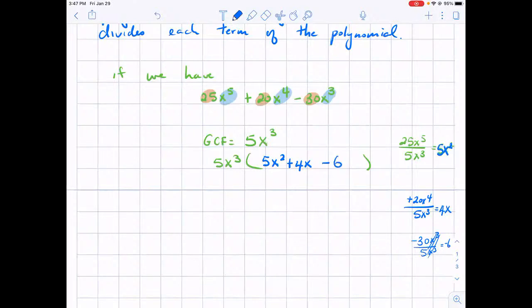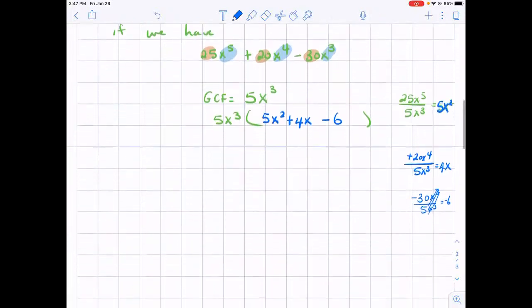Now, as a check, you can multiply this by every single term in there. If you multiply this out, you will see that you have 5 times 5 is 25. X cubed times x squared becomes x to the fifth.